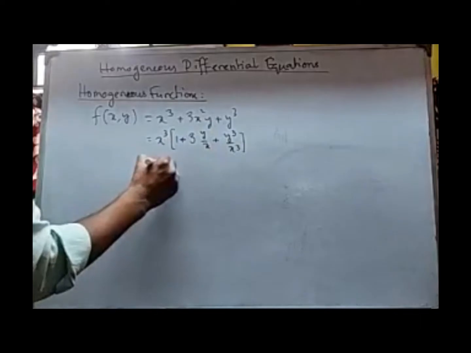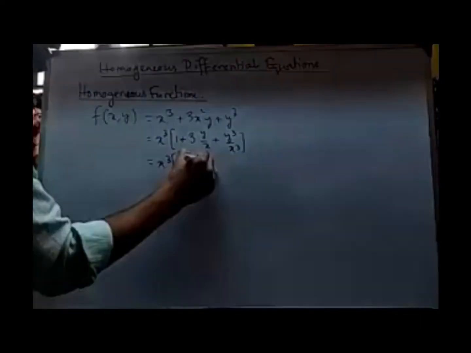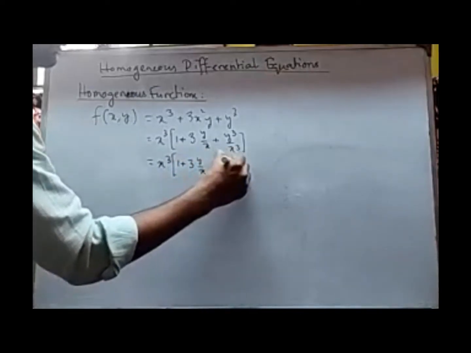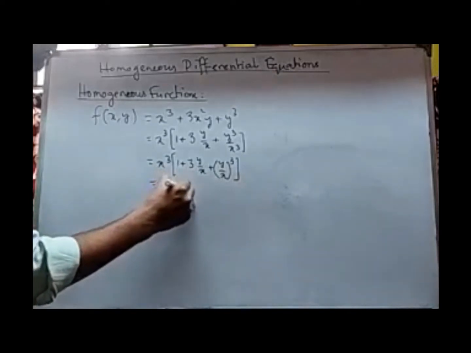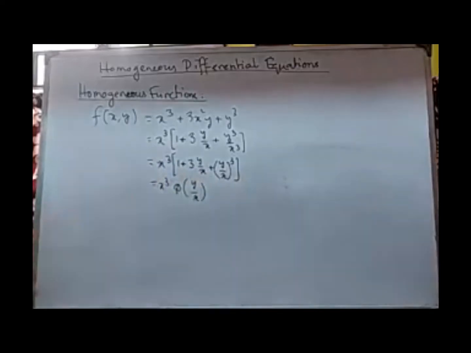So that means if you take this x cubed common, you can write the expression as a function of y by x. So this is x cubed into some function of y by x. Okay. If you can do this thing, then the function is called homogeneous function.